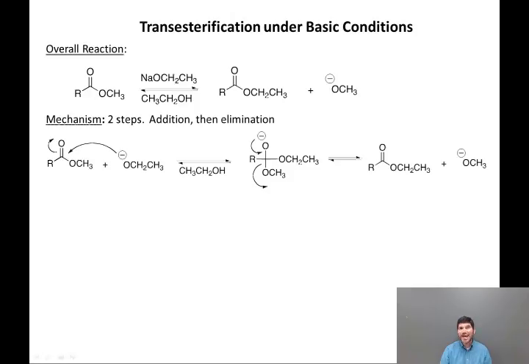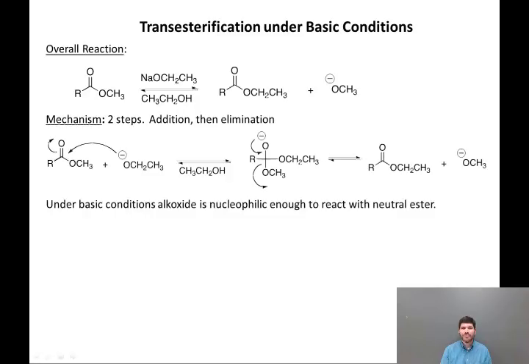That leaves us with a tetrahedral intermediate that has a negative charge on the oxygen, and then that's going to want to kick out a leaving group to regenerate the carbonyl group and leave us with a new ester. So in this case, to get us to product, we have to kick out methoxide as the leaving group, which will leave us with the ethyl ester product.